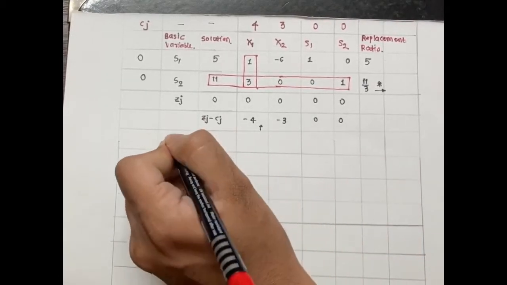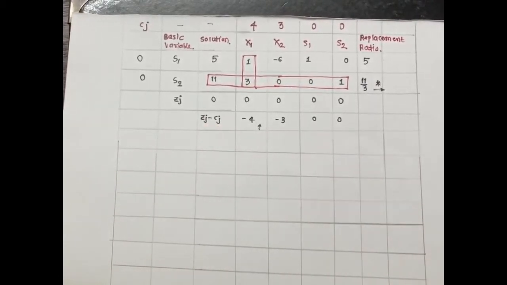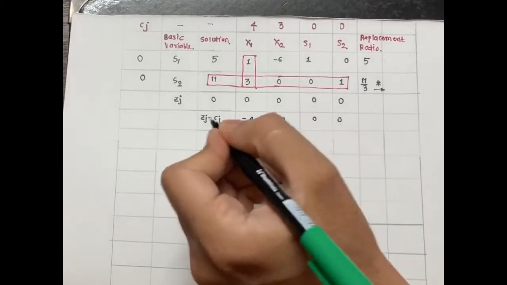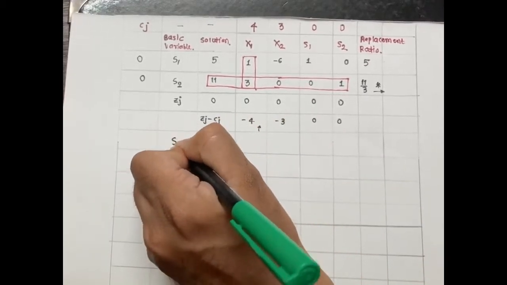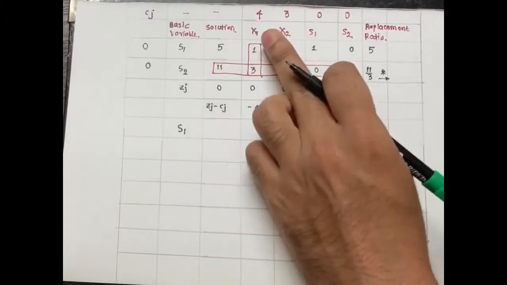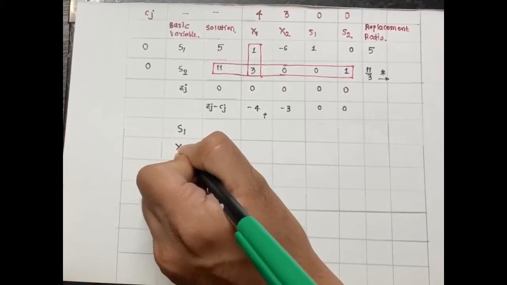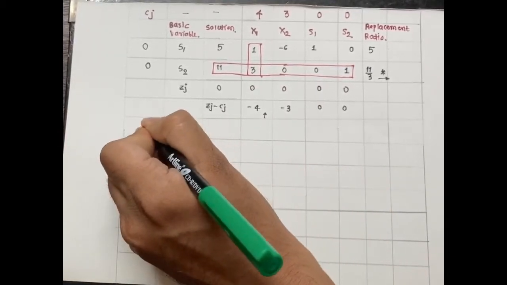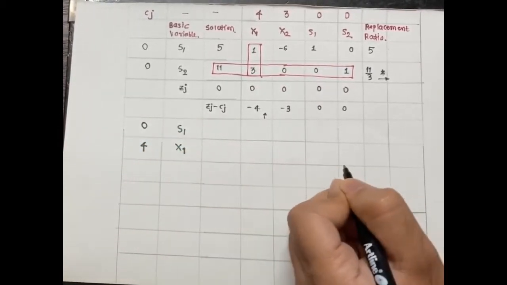Now I write the values of my second iteration. s1 will remain as it is, and in place of s2 it will now be x1. This remains 0, and here it comes 4.